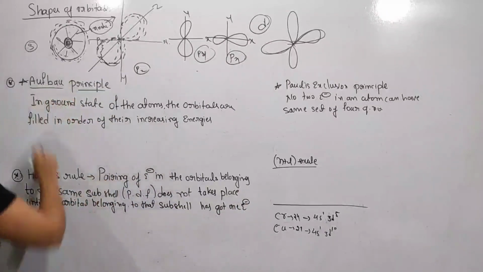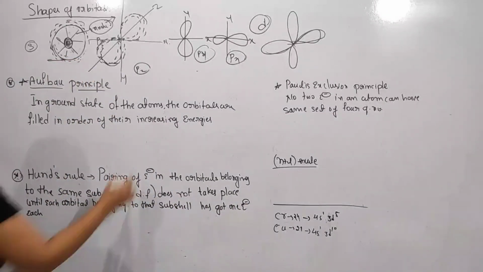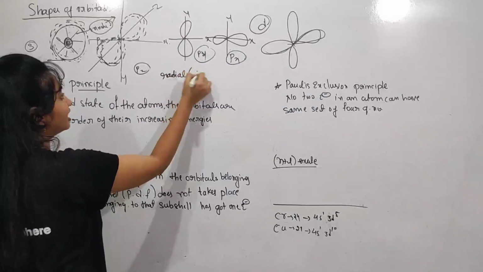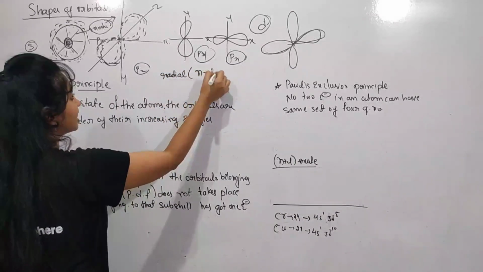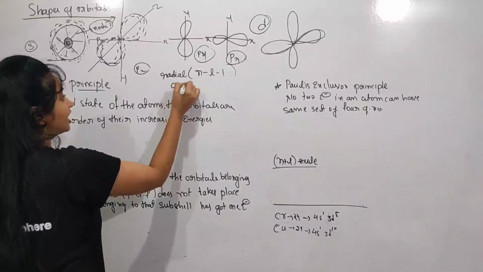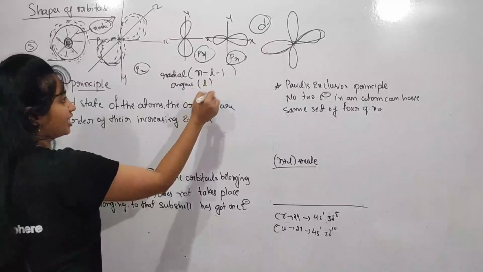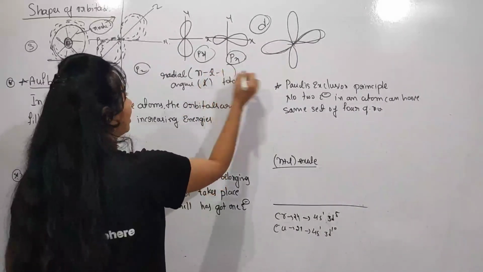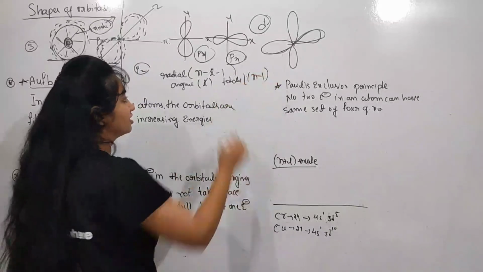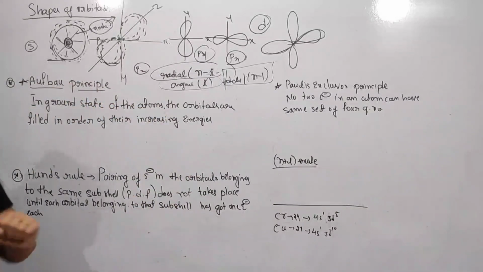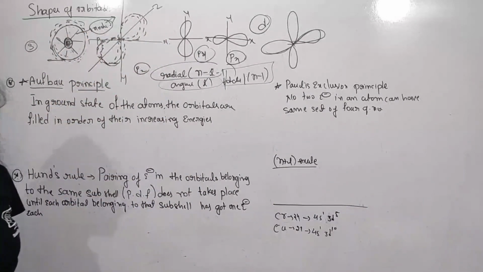Radial nodes we get in s orbitals. The radial nodes are calculated using the value n minus l minus 1, the angular nodes are calculated by the value l, and the total nodes are calculated as n minus 1. So these are the formulas for calculating the nodes in different orbitals.